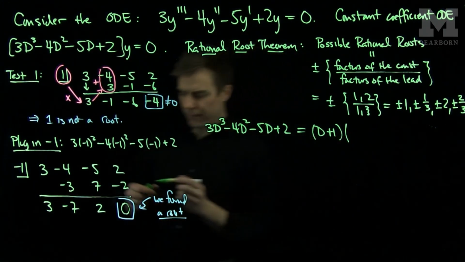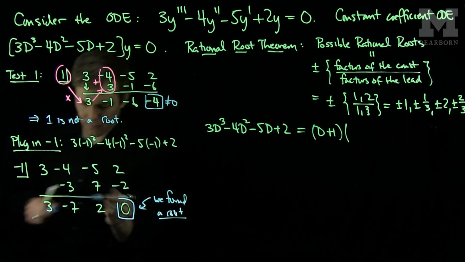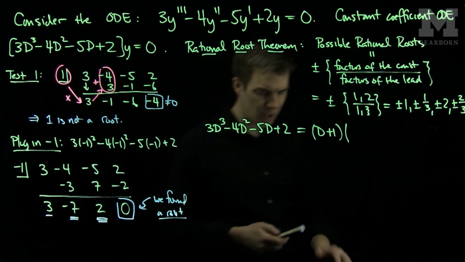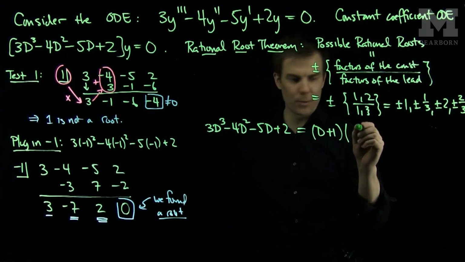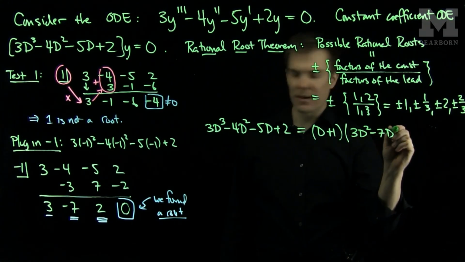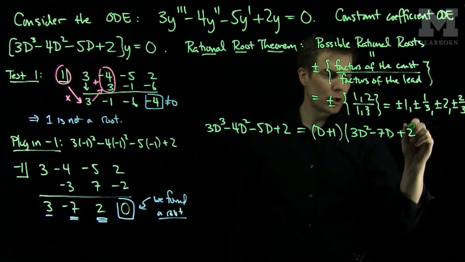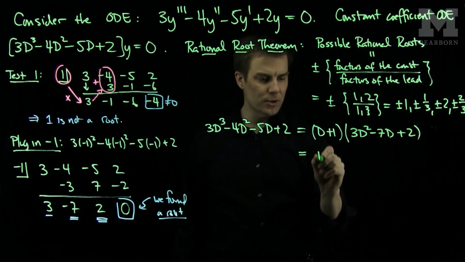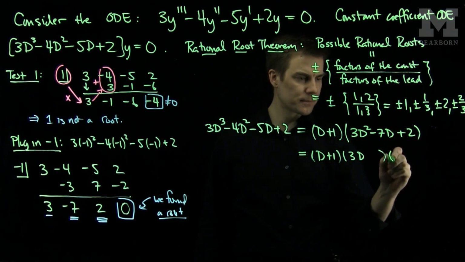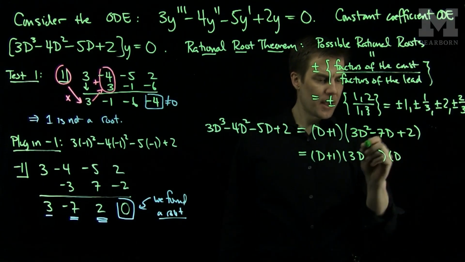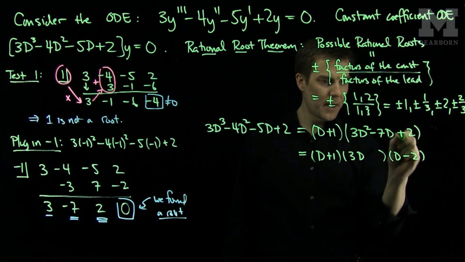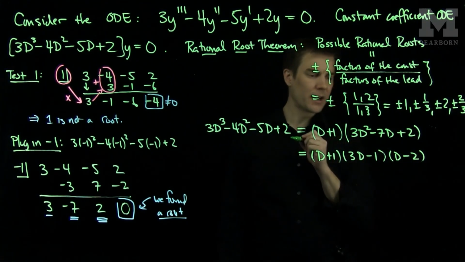The coefficients that are left over become the coefficients of the quotient polynomial. So I have 3D^2 - 7D + 2, and now that can be factored. I will have D + 1, and then a 3D and a D, and I need to get a negative 7, so I'll put a negative 2 over here and a negative 1 over here, and we'll check.